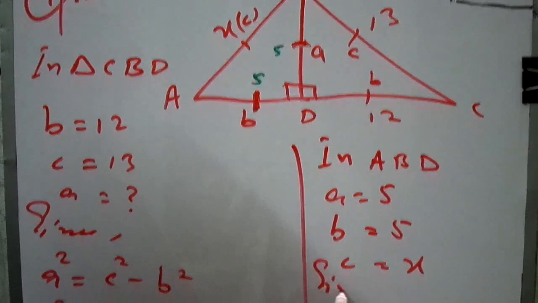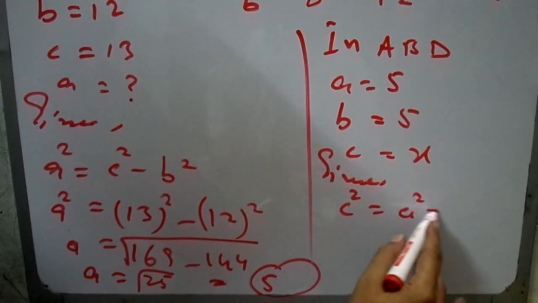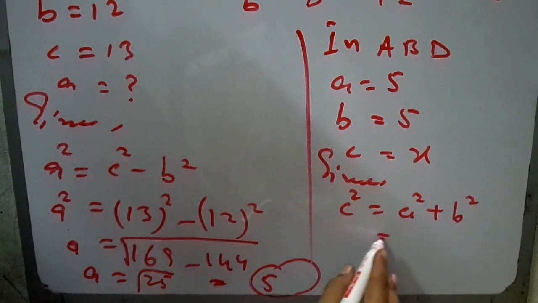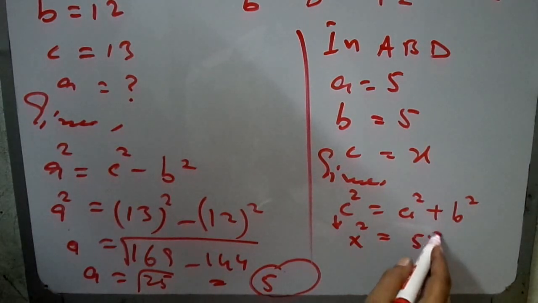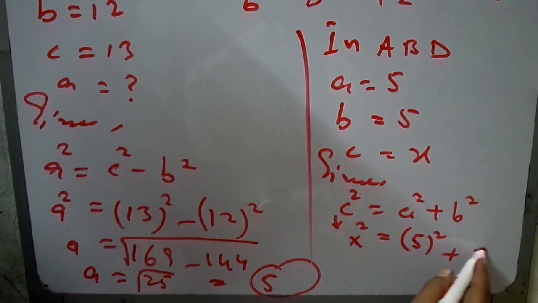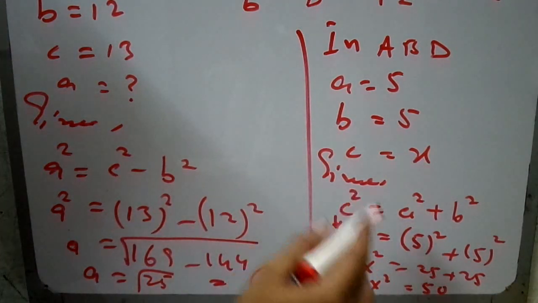Since C square is equal to A square plus B square, putting the values, x square is equal to 5 square plus 5 square, so you get 25 plus 25, that is x square is equal to 50, but you need the value of x only.